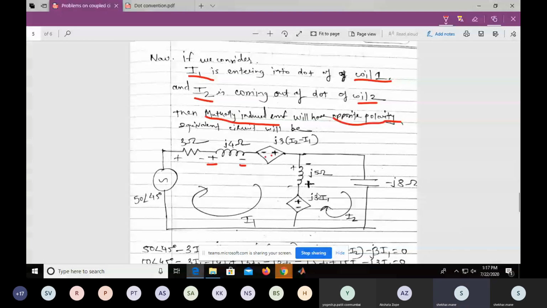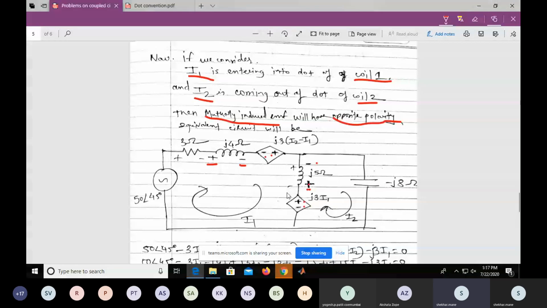Similarly, we are considering I2 now. So because of I2, these are the polarities: negative, positive, negative. So what will the opposite be? Positive, negative. Because we are considering I2, the polarity due to I2 is positive and negative, so the opposite mutually induced EMF, positive, negative, is j into 3 I1.